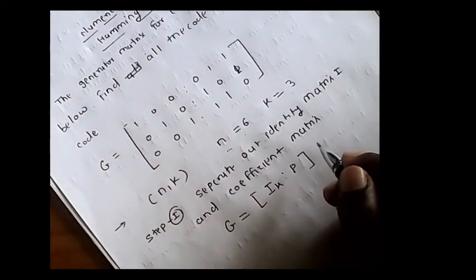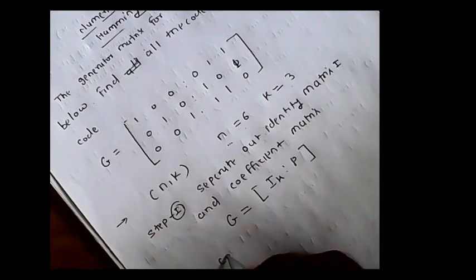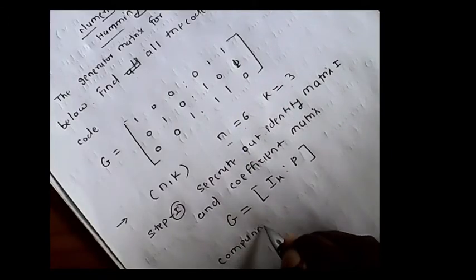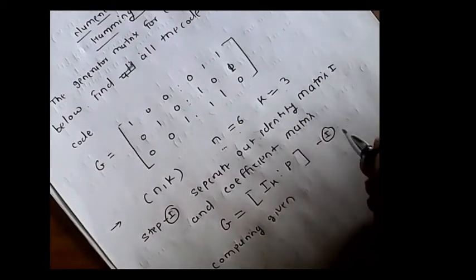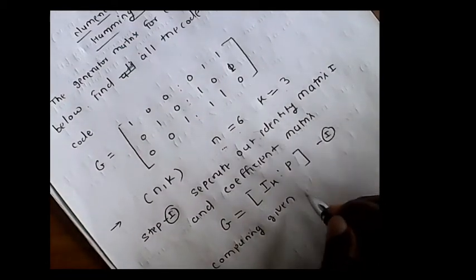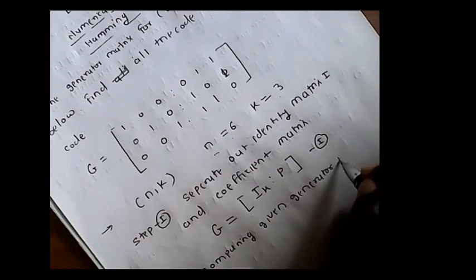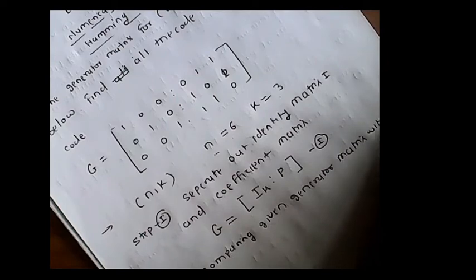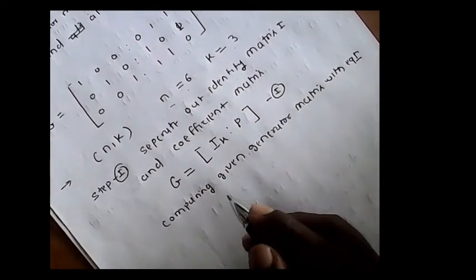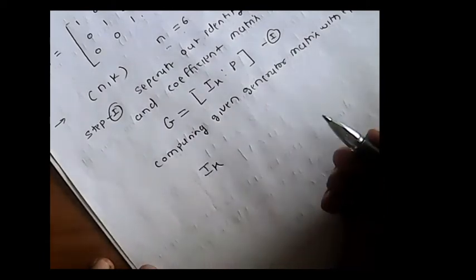Comparing the given generator matrix with equation 1, we can get the identity matrix of order 3 by 3, since k is equal to 3.